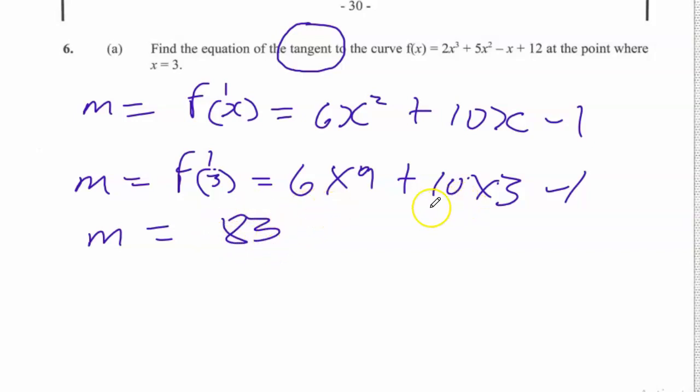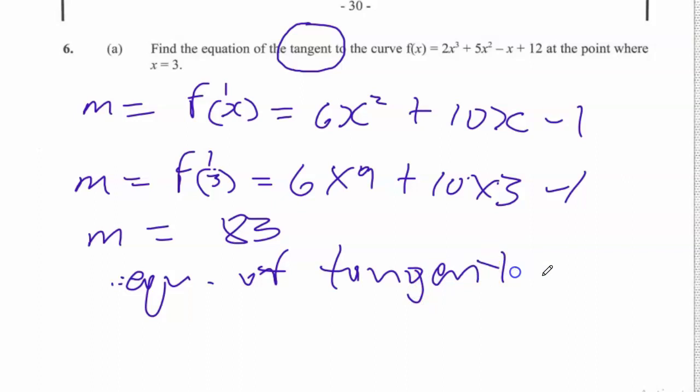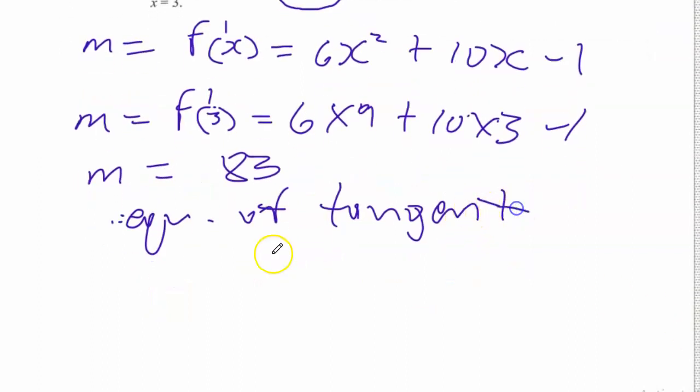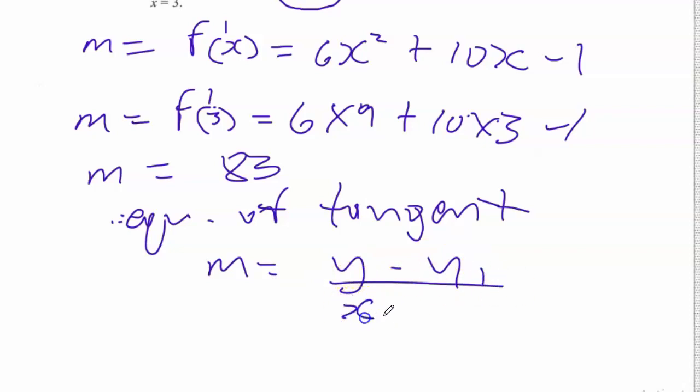So we want the equation of the line. Let me use the formula. Equation of tangent, or of any straight line, we can use the formula m equals y minus y1 over x minus x1, where x1 and y1 is a point on the line.